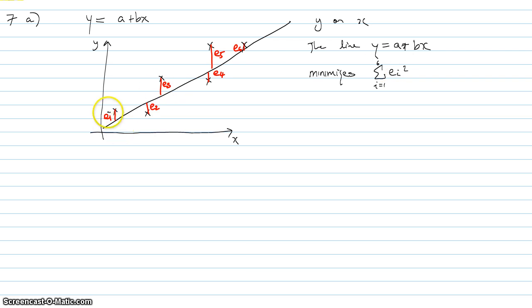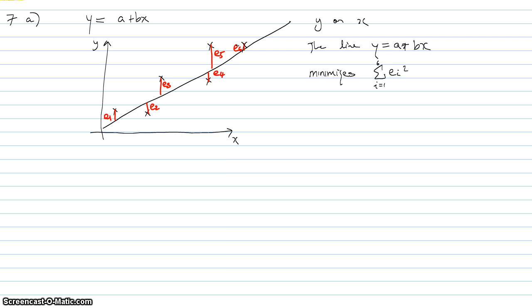If you squared each of these and added them up, this line has the smallest value. Any other line will increase that error term.